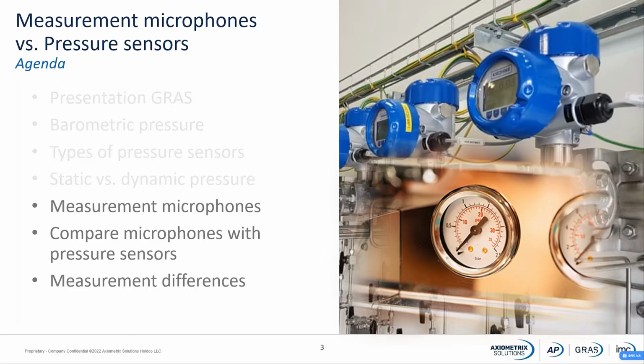And then we compare microphones with pressure sensors. And then I have some practical experimental data to share with you for some real measurement with two different sensors, one pressure sensor and one measurement microphone. So all in all, this is what we are going to cover for the next hour. I was having this presentation this morning, and it was taking roughly 50 minutes, and then it was some time for questions if you have any.